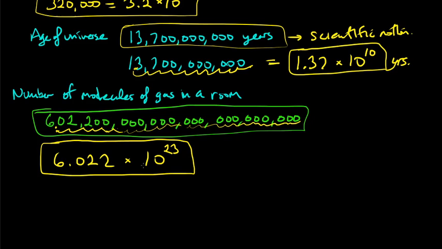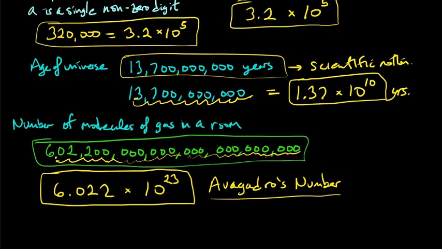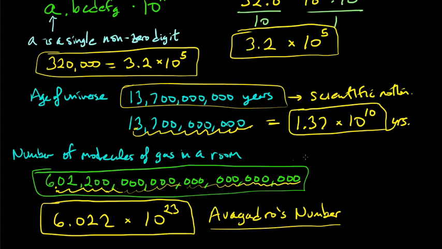Okay. And this is actually a very important number in chemistry or physics. It's called Avogadro's number. If you take chemistry, you will very likely see this number, right? And again, it's a rough estimate for the number of molecules of gas in a typical room.